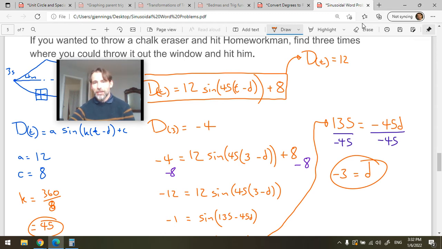Times sine of 45 multiplied by t minus 3, but this is minus d, so it flips signs, t plus 3, plus 8. Let's graph that in Desmos.